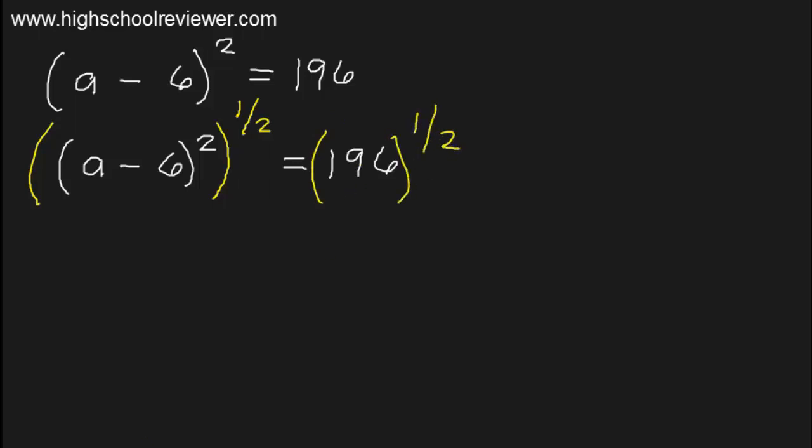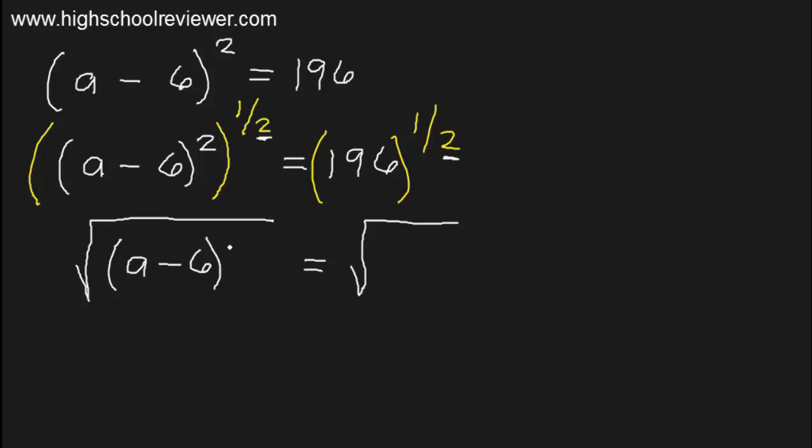Okay, so again, since the denominator is 2 for the exponent, this will be equivalent to the square root. So we will also have here the square root. So this will be the square root of a minus 6 raised to 2, and this will be raised to the exponent of 1, which is the numerator. So we will have here 196 raised to 1.